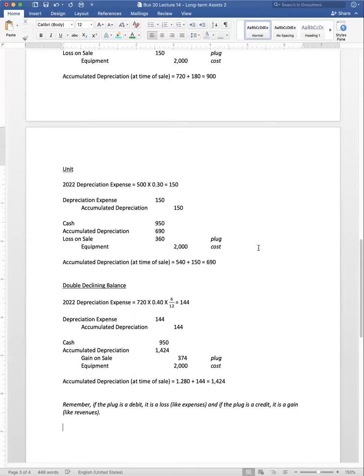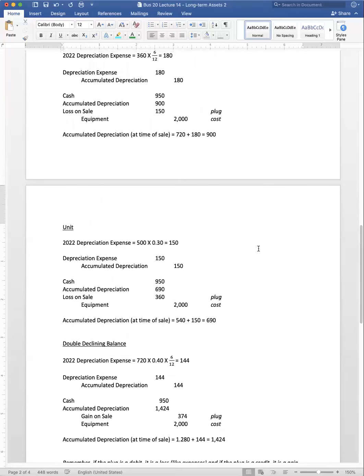Now let's take a look at these 3 situations here. The only thing that's different between the 3 is the depreciation method, meaning the amount of depreciation. In all 3 examples, the cash was the same and the cost of the equipment was the same.